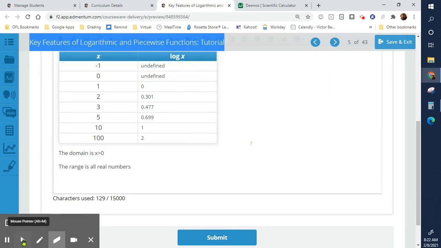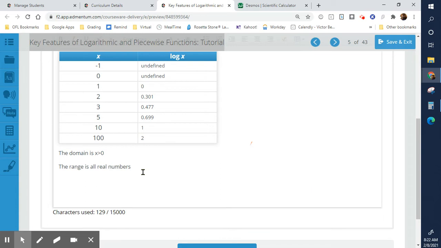Okay, so the end behaviors, going to the left, x cannot be negative, and y can go to negative infinity.